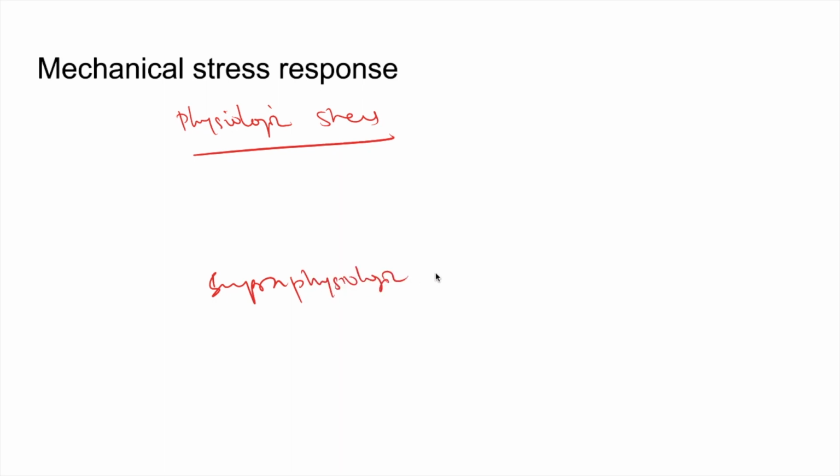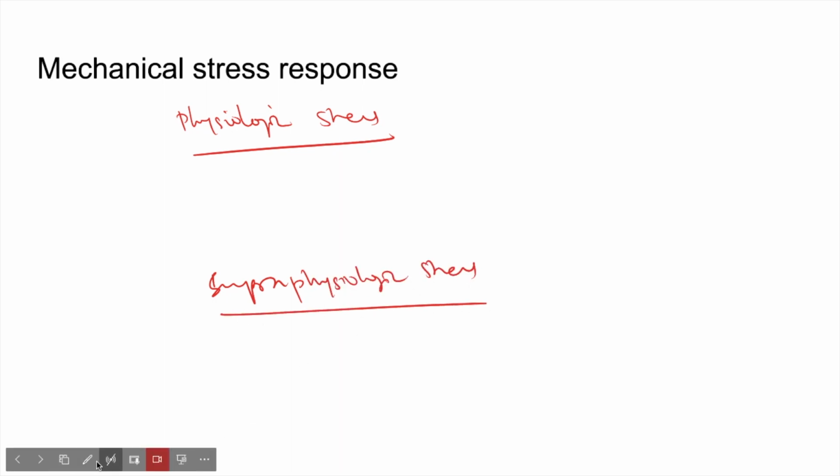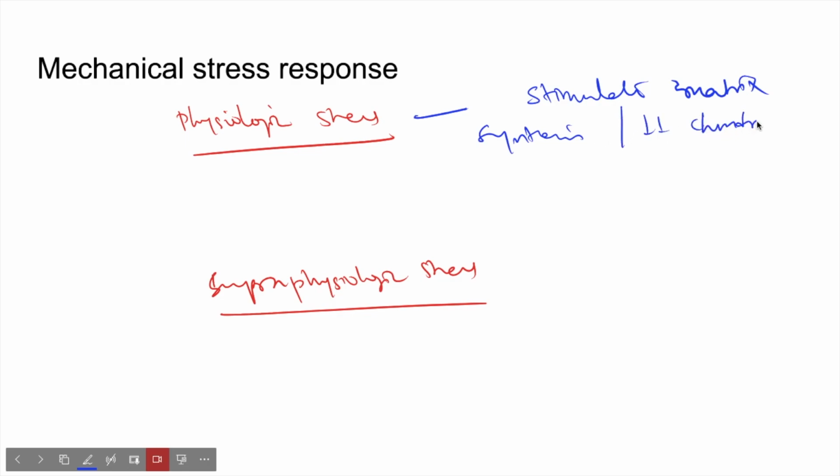So coming to mechanical stress, what happens in mechanical stress? There are two types of stress. You have physiologic stress, that means normal loading, and then you have supraphysiological stress. Physiological stress stimulates matrix synthesis and decreases chondrolysis.